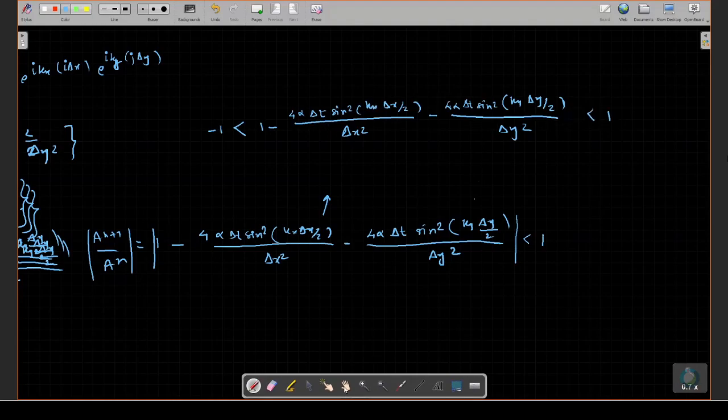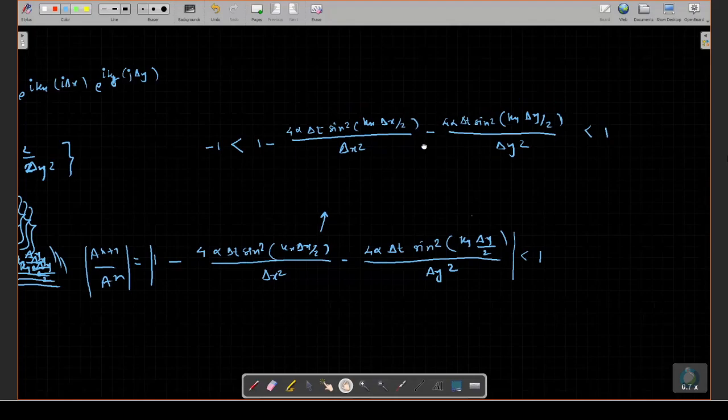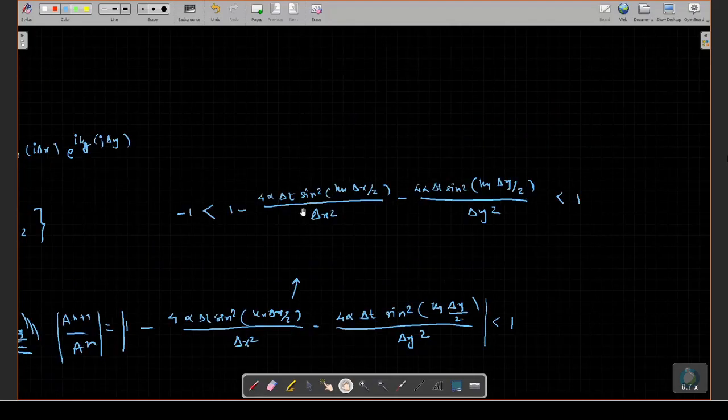Now, what do you see here? For the right hand inequality, these terms are always positive. So 1 minus these positive terms will always be less than 1.